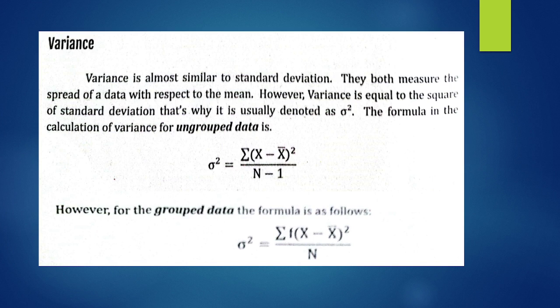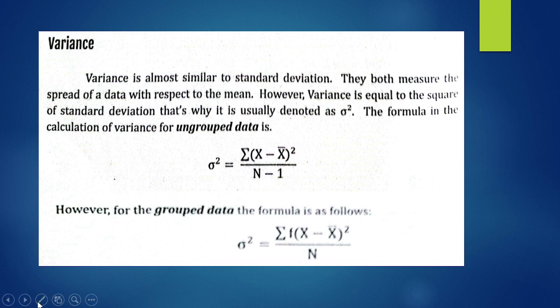So same ra sila na measure of variation nga nagsukod sa spreadness of the data in regards or in respect to the mean. However, variance is equal to the square of a standard deviation. That's why it is usually denoted as this one.